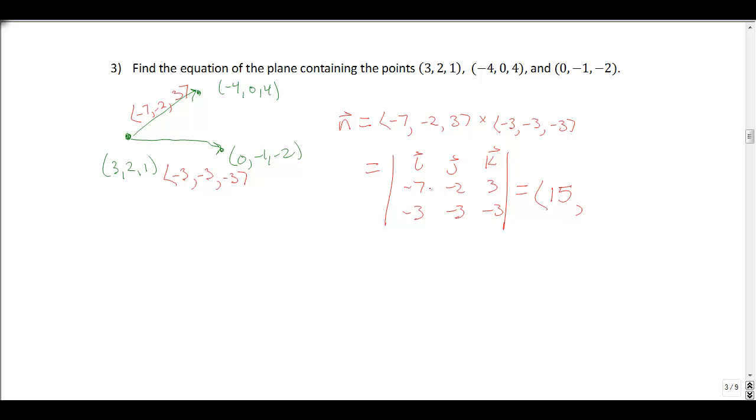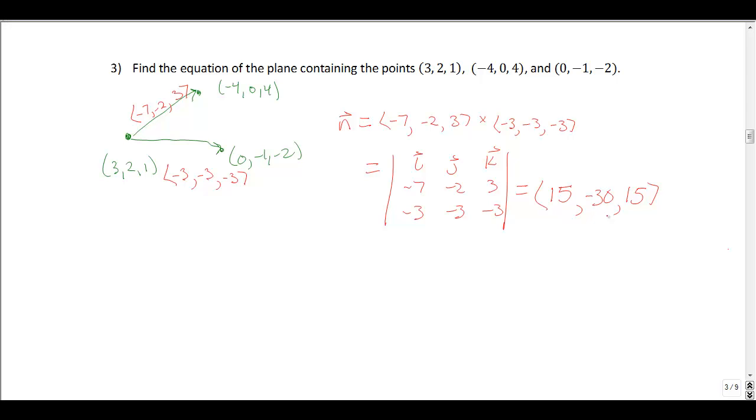For the J component, -7 times -3 is positive 21. 3 times -3 is -9, so we're going to add 9. That's 30, but because it's the J, it's a -30. And then the K would be -7 times -3 is positive 21. Minus 2 times 3 is 6. 21 minus 6, that's a 15. So this is our normal vector, (15, -30, 15).